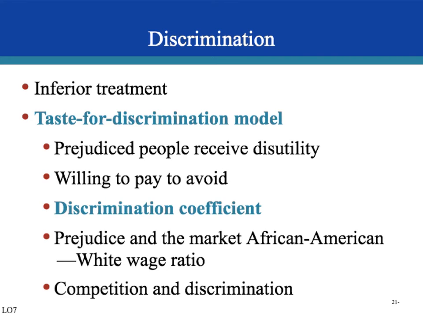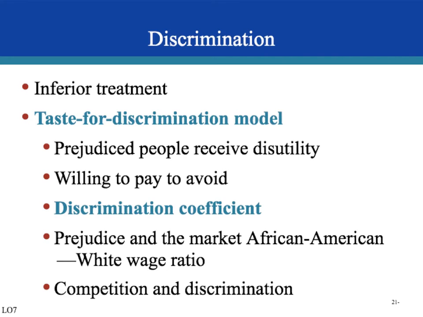The discrimination coefficient measures the amount of prejudice. If it's $0, there's absolutely no prejudice. If it's infinity, then this person would not hire the group that they're prejudiced against at all, under no circumstance. We assume here that it's a white employer and they're prejudiced against African Americans.